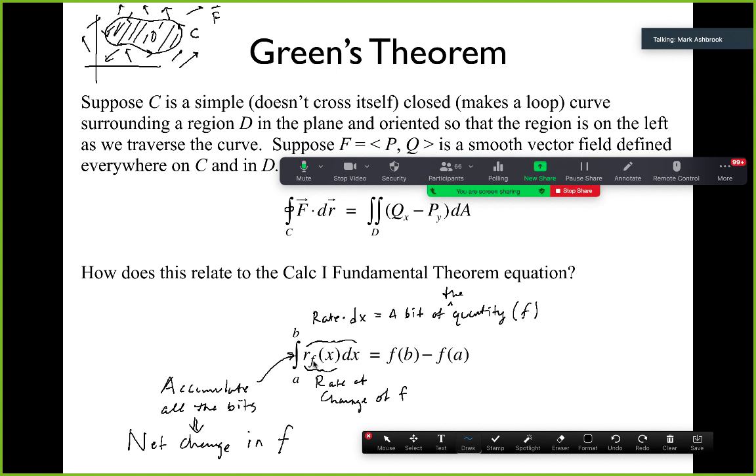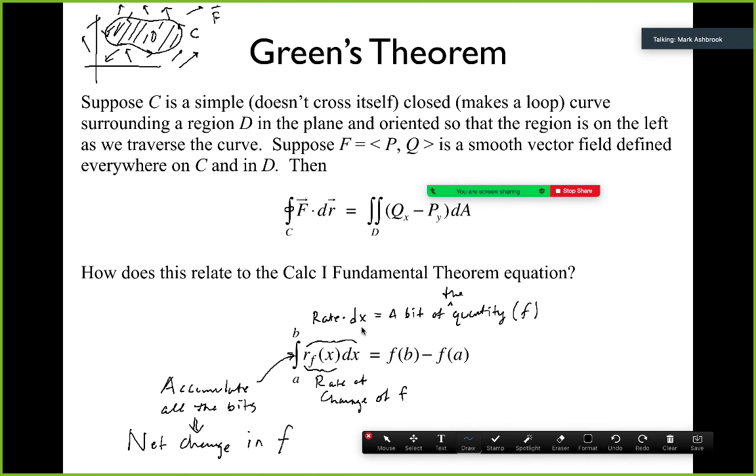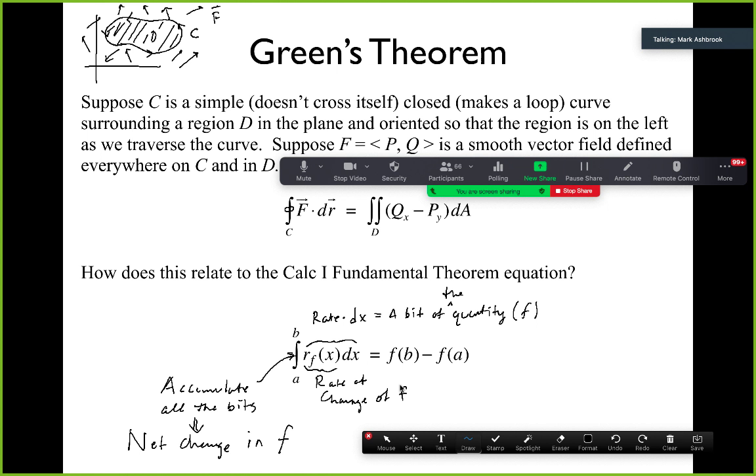So we start with a rate of change function. We take the rate times a change in x at a particular value, like it's a little bit of the quantity. And then as we go from a to b, we accumulate all those little bits up to get a whole net change in f.